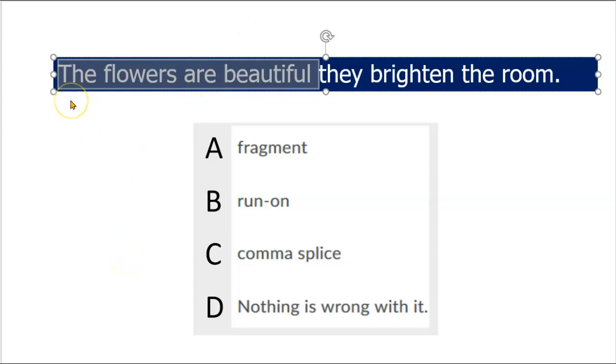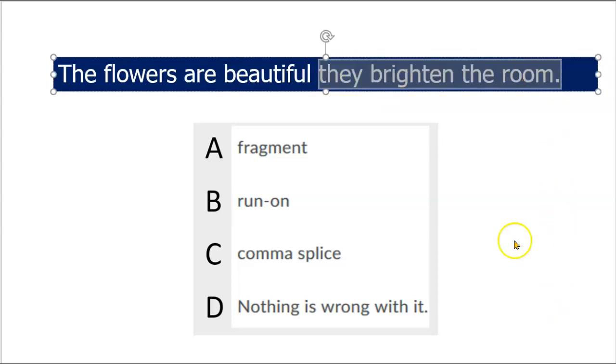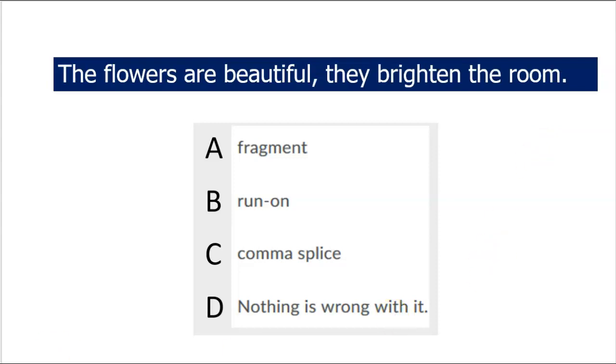So the flowers are beautiful. That's a complete independent clause. They brighten the room. That also is a complete independent clause. When there's no attempt to separate the two sentences at all, then we call that a run-on. It just runs on. And you could have a run-on with more than just two, but that's what this simple example is. We need to separate the two sentences.